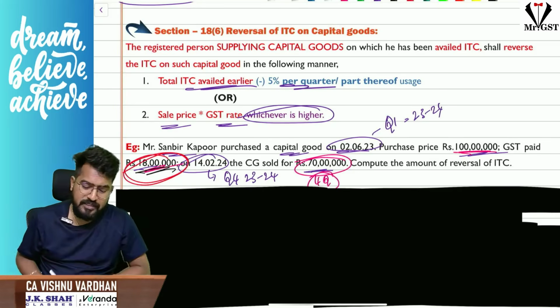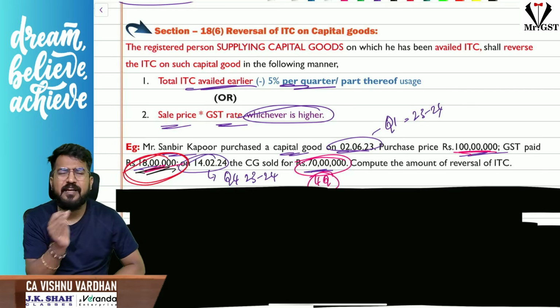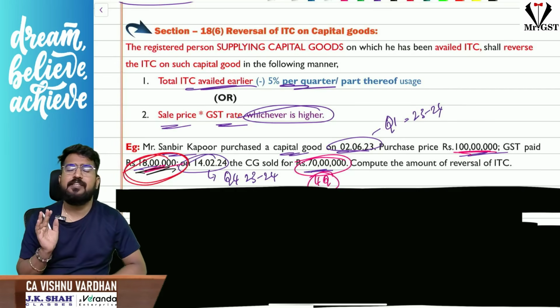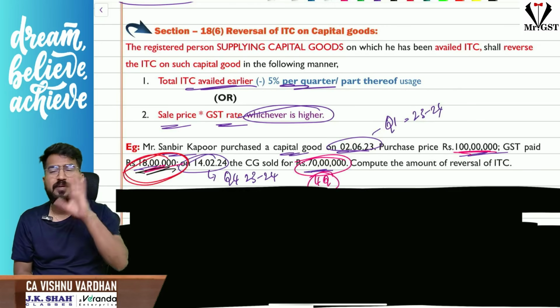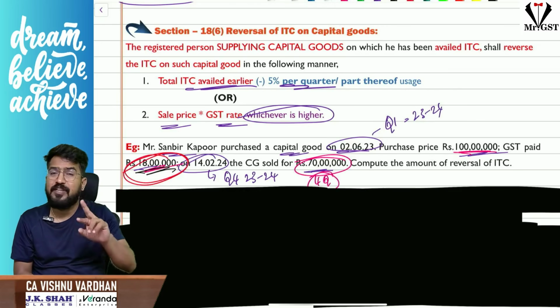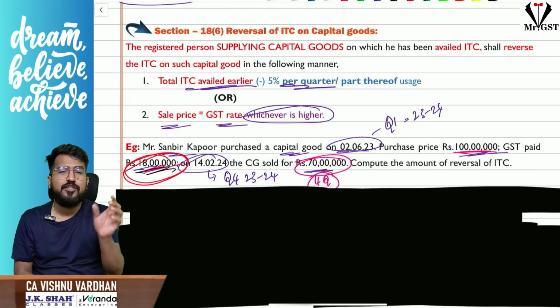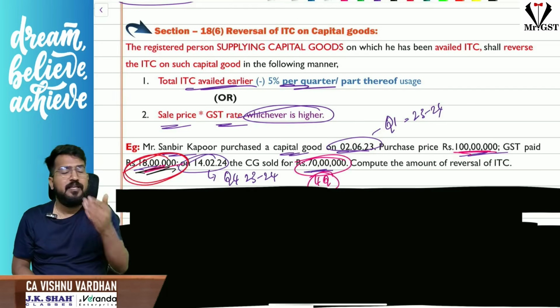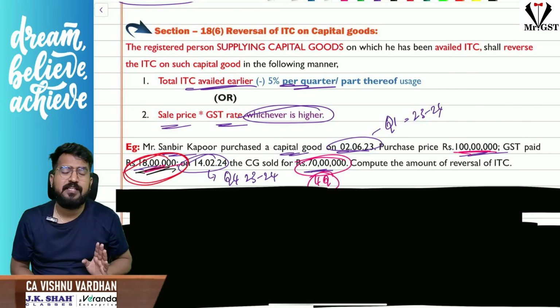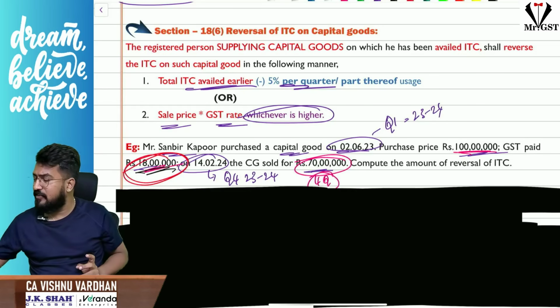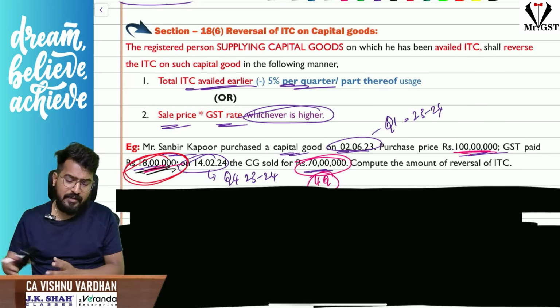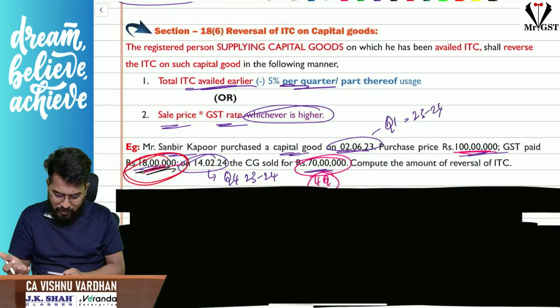Simple, sir. The law says, exactly ditto what we did in 18 subsection 1: total GST paid minus 5% per quarter or part thereof. There you are availing ITC for the first time, so total GST paid minus 5%. Here you have already availed ITC, you have to reverse the ITC. So total ITC availed earlier, minus 5% per quarter or part thereof of the usage.